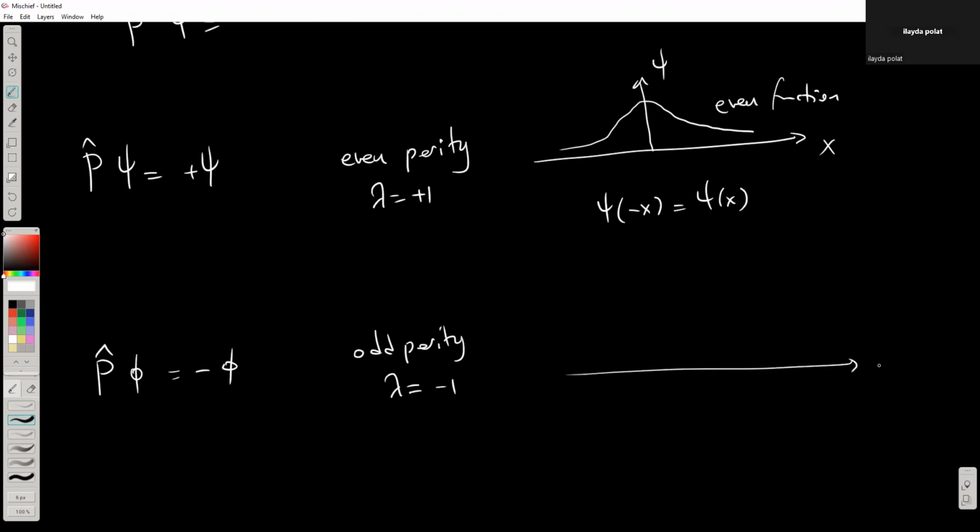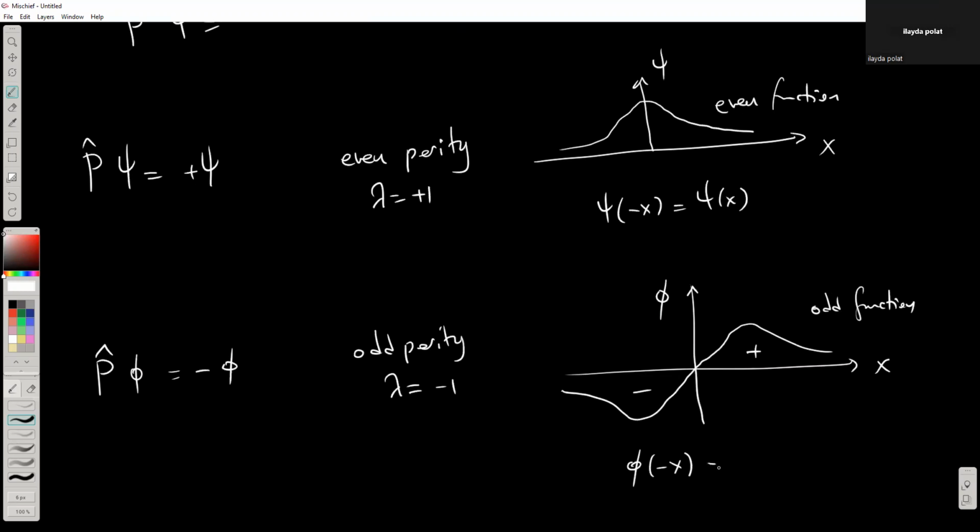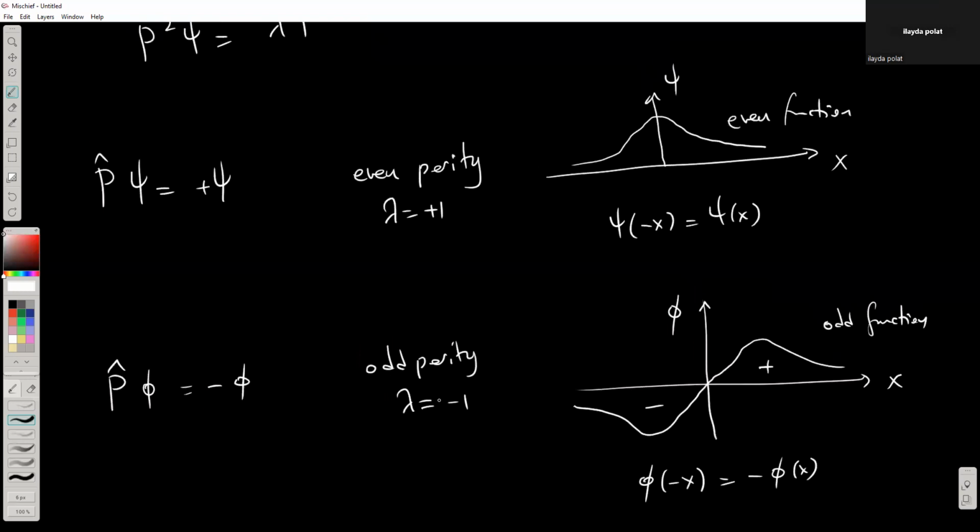In that case, if I plot phi, the corresponding wave function is an odd function. This function satisfies the property that phi of -x is equal to -phi of x. All right. Let's just keep this in mind. So therefore, we can talk about these parity eigenstates.